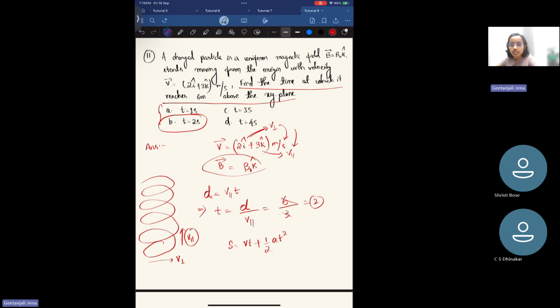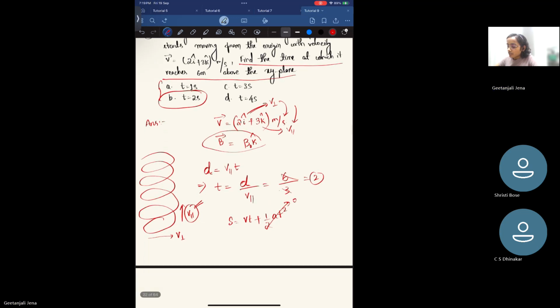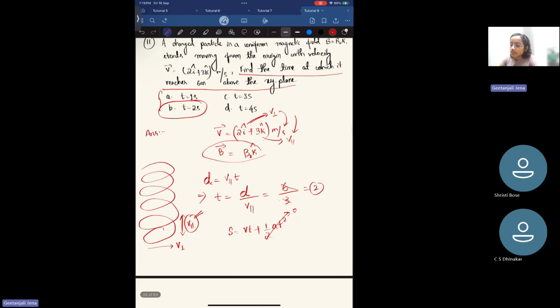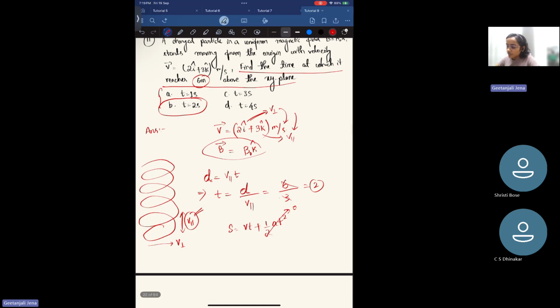That is why the velocity in this direction will remain unchanged. That is why velocity is constant, so acceleration is zero. It is also given it is moving at a distance 6 meters above the XY plane. XY plane is the plane where the circular motion is happening. So S is given, this is 6. V parallel is also given, it is 3. Time we need to find out. So time will be 2 seconds.